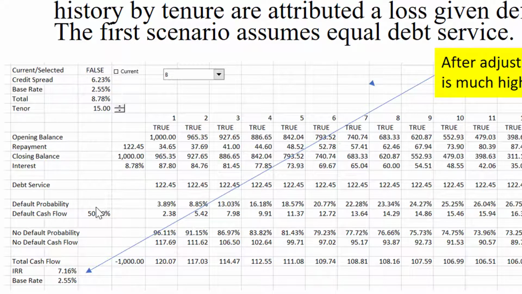That's what it is here. And then this is how much you generate if you lose money. If you don't default, you get the whole thing, but you have a lower probability of that, so your expected value is this one plus this one, and your IRR is 7% versus the 8%, but it's a whole heck of a lot better than the 2% you would have got on a base rate.